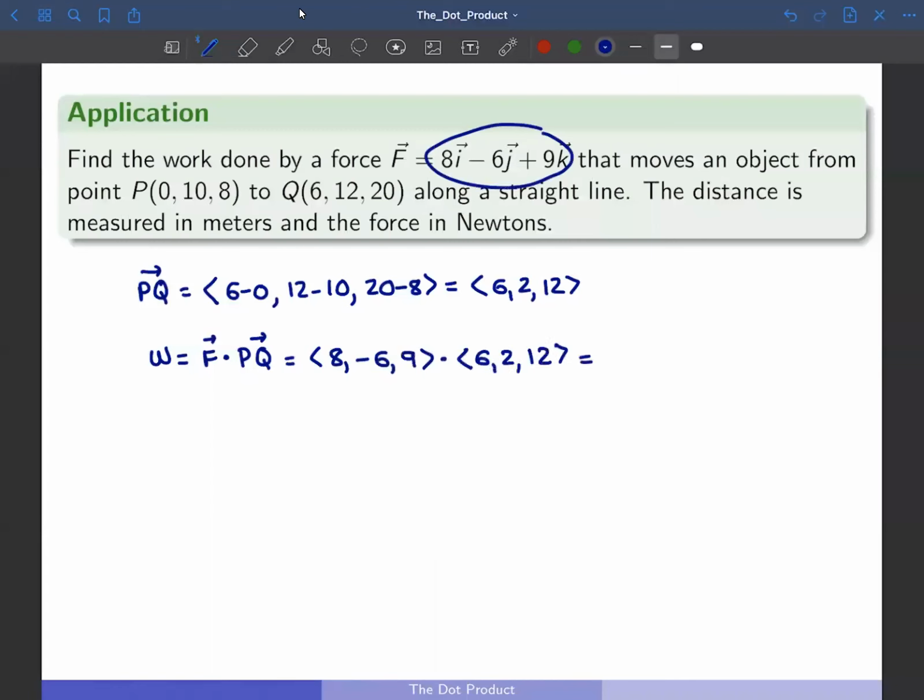That is equal to 8 times 6, which is 48, plus negative 6 times 2, which gives us negative 12, plus 9 times 12, which is plus 108, and therefore this is equal to 144. Then we have newtons times meters, which is joules. So we have 144 joules, which is the work done by the given force vector.